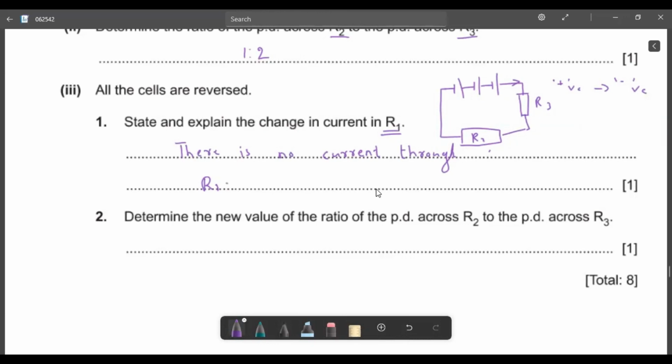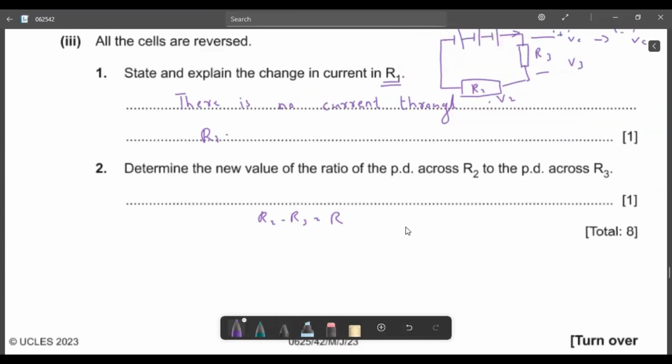Determine the new value of the ratio of potential difference across R2 to potential difference across R3. So here the potential difference across R2 is V2 and across R3 is V3. We know R2 is equal to R3 is equal to R, identical resistances.